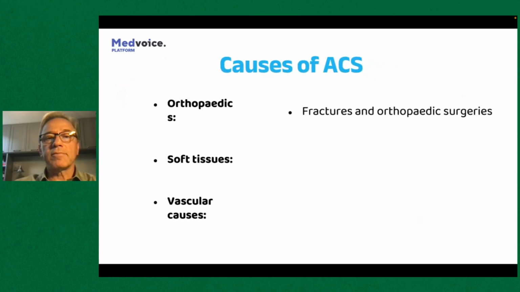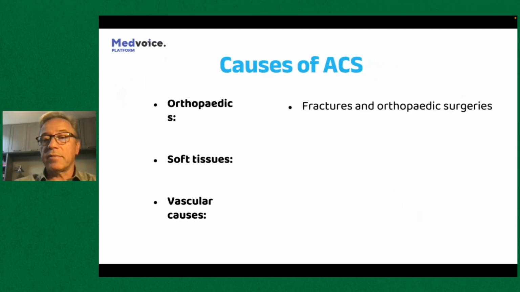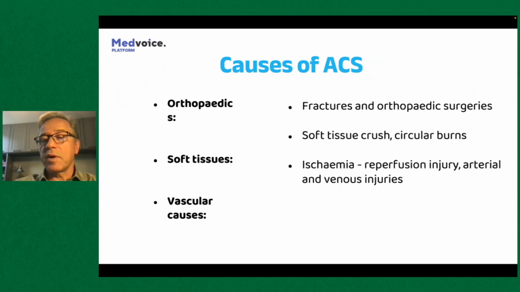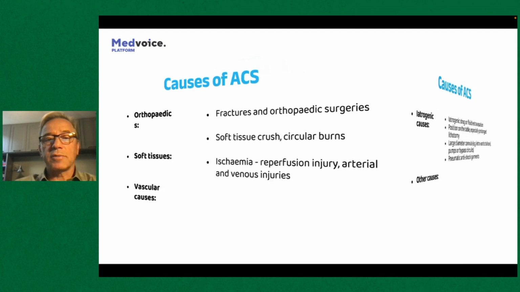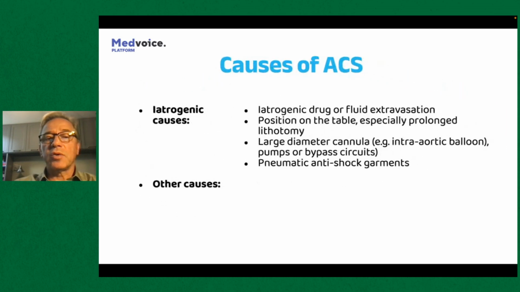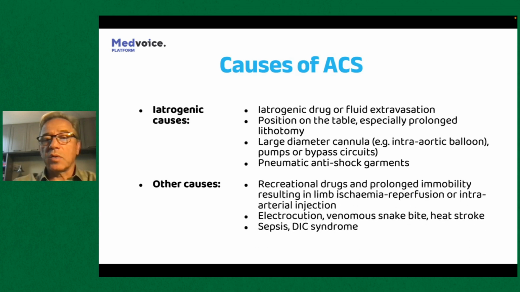What are the causes? There could be orthopedic fractures, soft tissue crush, ischemia, reperfusion, arterial and venous injuries, and iatrogenic causes: drug or fluid extravasation, position on the table, large diameter cannula with, for example, intra-aortic balloon pulsation, pneumatic anti-shock garments, and other causes: recreational drugs, prolonged immobility resulting in limb ischemia.